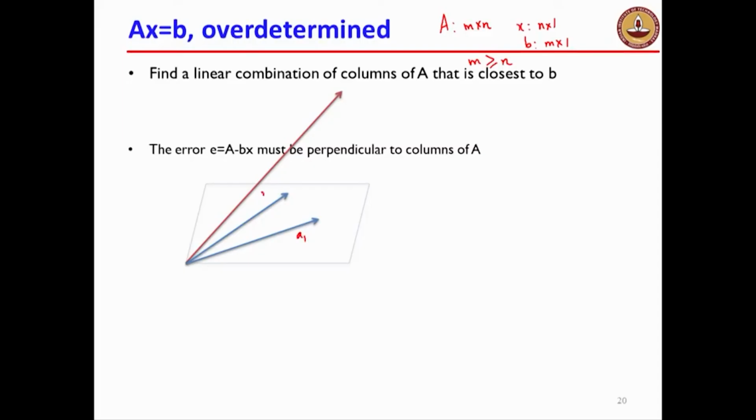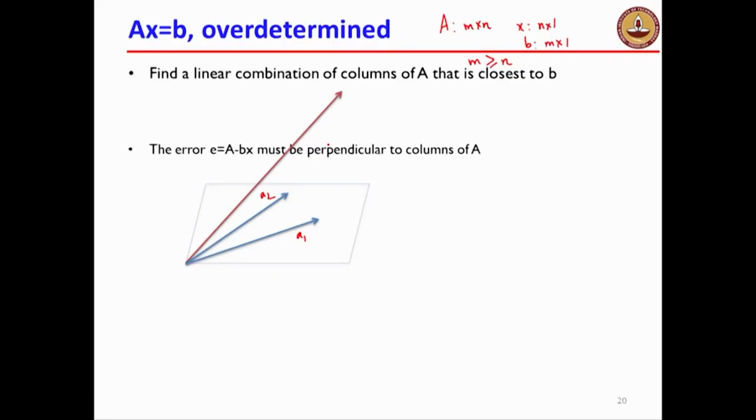So maybe this is the first column, this is the second column, and so on. There are several columns of the matrix A, and you have a vector B which you are trying to write as a linear combination of the columns of A. Unfortunately, these equations are not consistent. That is, the vector B cannot be written exactly as a linear combination of columns of A. So what do we do? The columns of A span a certain so-called subspace.